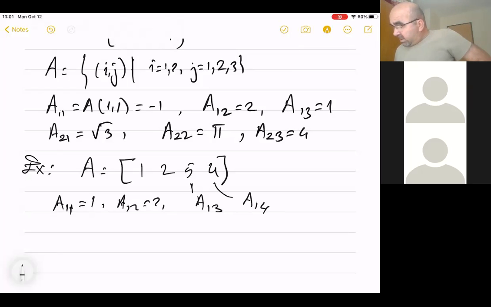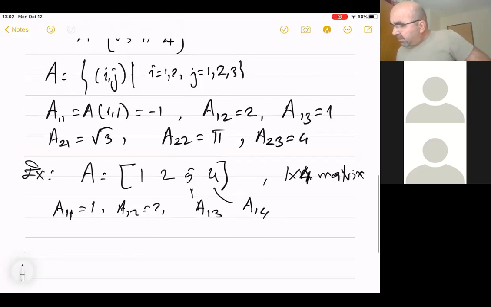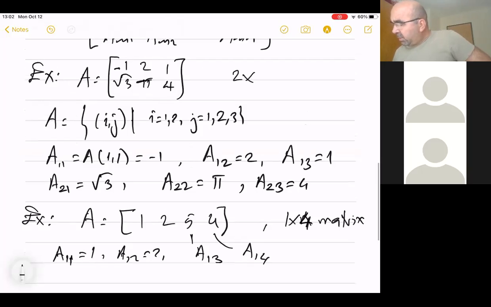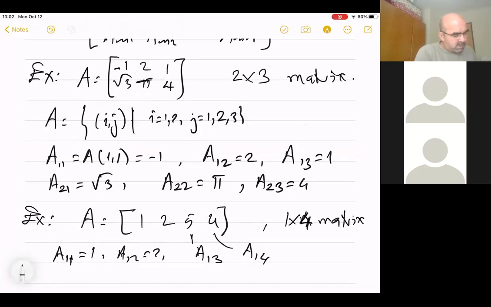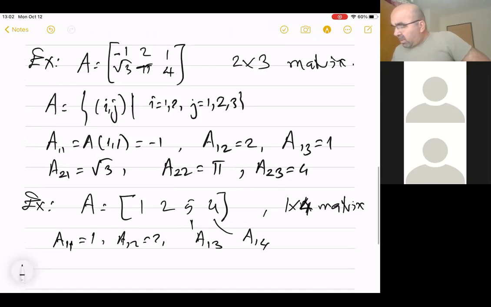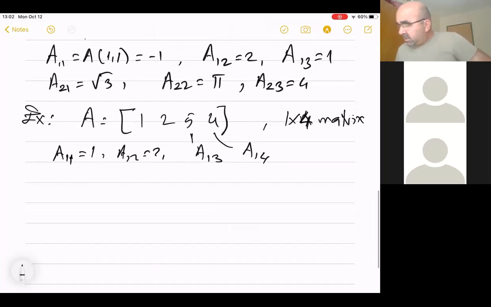And this A is a 1 cross 4 matrix. And in the above example, this is a 2 cross 3 matrix. Okay, these are matrices.